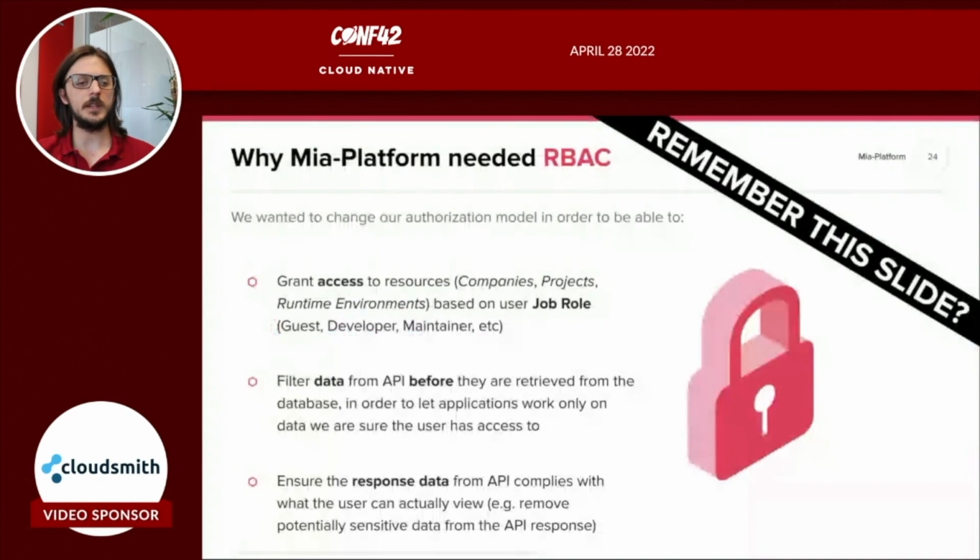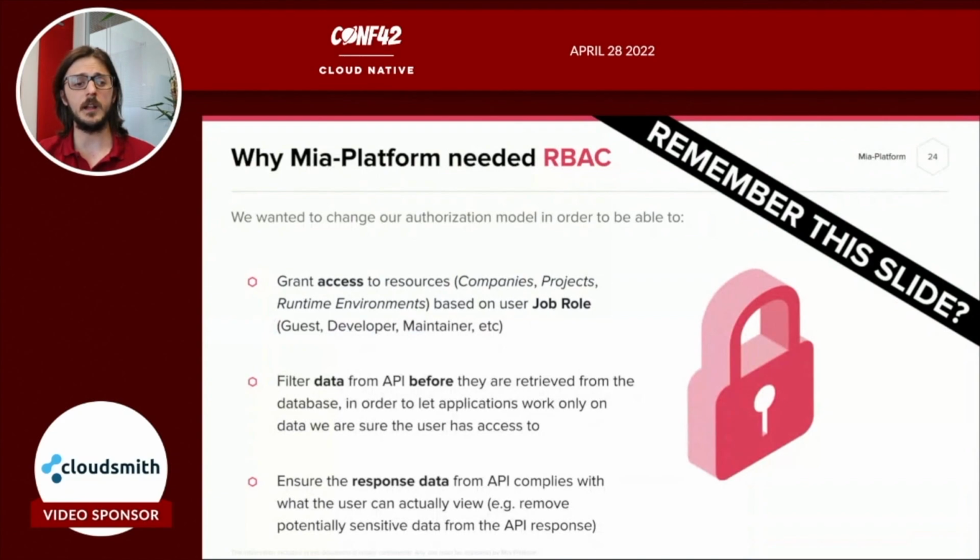Remember that we wanted to be able to assign job function roles such as guest, developer, maintainer to the users in order to decide whether to give access or not to a specific API, to filter data before they were retrieved from the database, and to manipulate the response body in order to restrict even more data access. Luckily, the sidecar design doesn't provide any obstacle to these requirements.